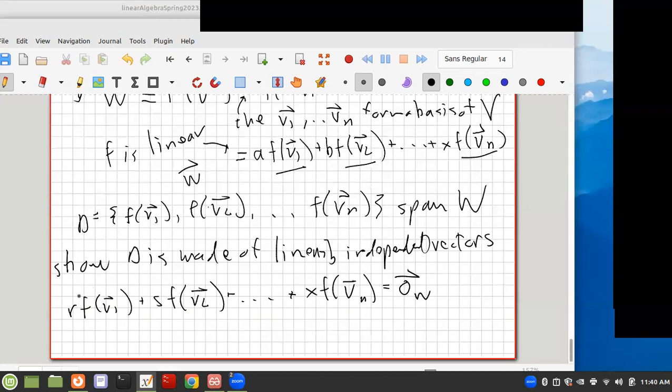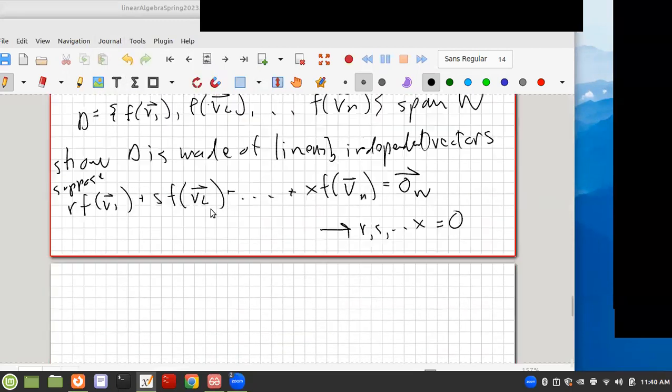So I have to show that, supposing this is true, all the coefficients R, S, up to X are equal to zero, because that would show they're linearly independent. There's no way to trade them off against one another. This is like a conditional: if any linear combination equals zero, then all the coefficients are zero, and then it will be linearly independent.